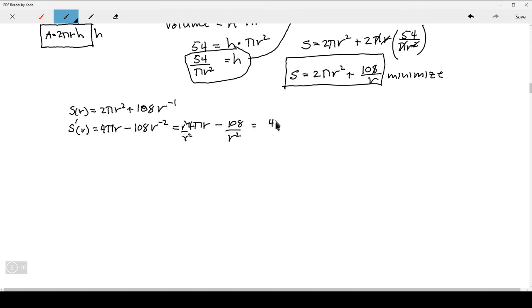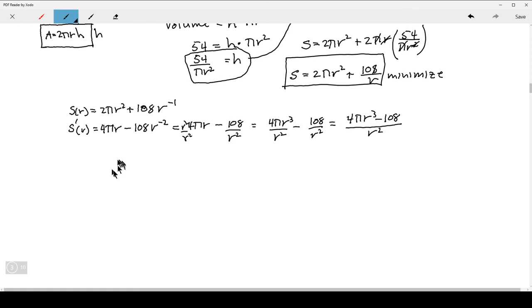So that's going to be 4 pi r to the third over r squared minus 108 over r squared, which is going to be 4 pi r to the third minus 108 over r squared.